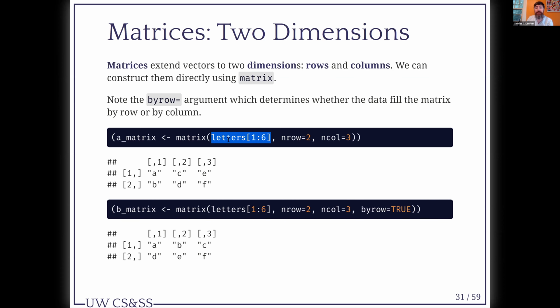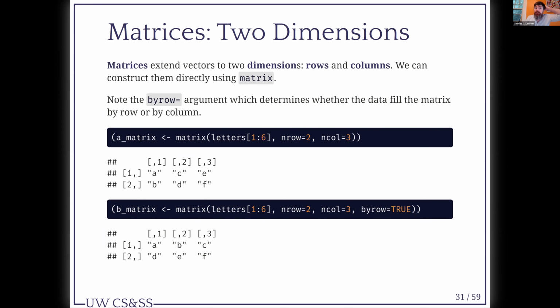So what I'm going to do is make a matrix out of the first 6 letters of the English alphabet, and then you specify the number of rows and number of columns. If you provide a data argument like this, letters 1 to 6, you only need to provide either number of columns or rows because it can figure out the other one. If I say this is a 6-element vector, 2 rows, it's going to produce 3 columns. Okay, I specified both just to show you the arguments.